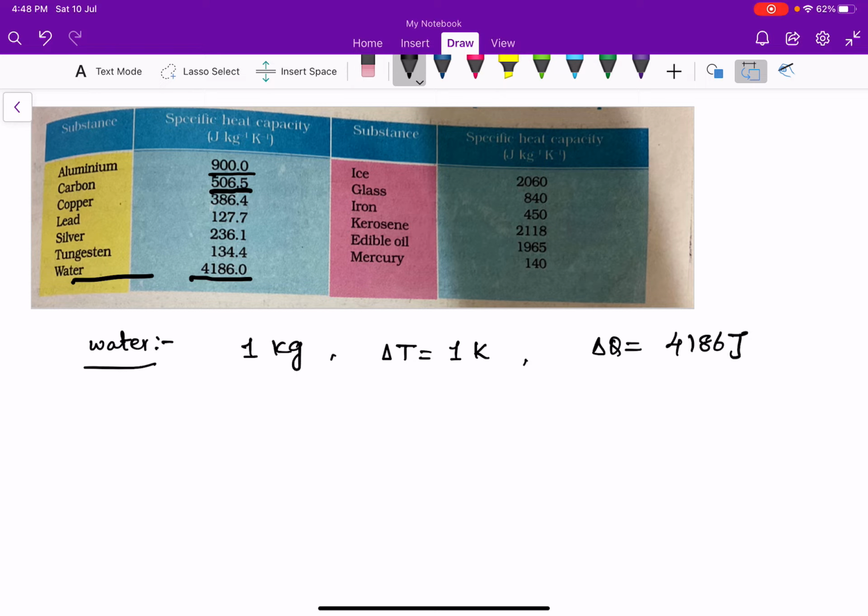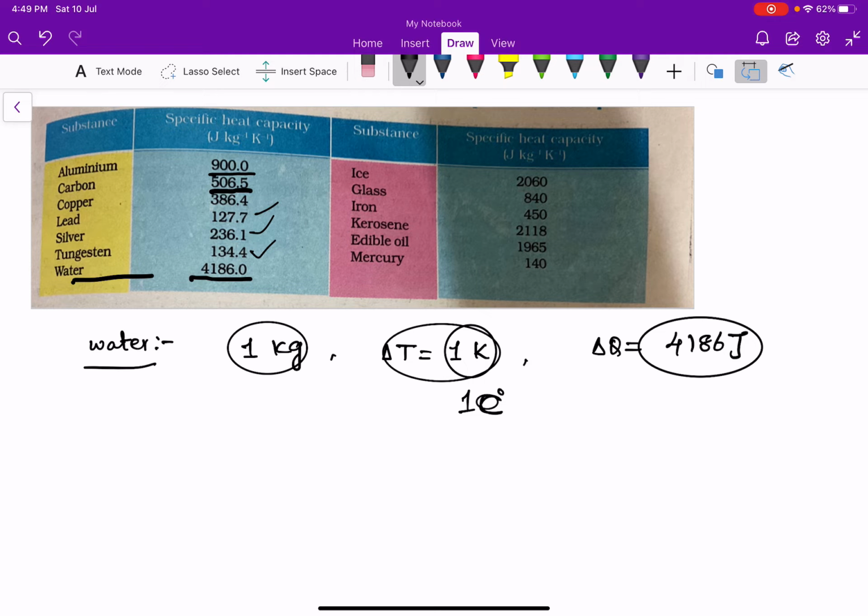That is very large compared to all the above materials. Nearly 4200 joules, so the water will be heated up very slowly, or it will lose the heat energy very slowly.